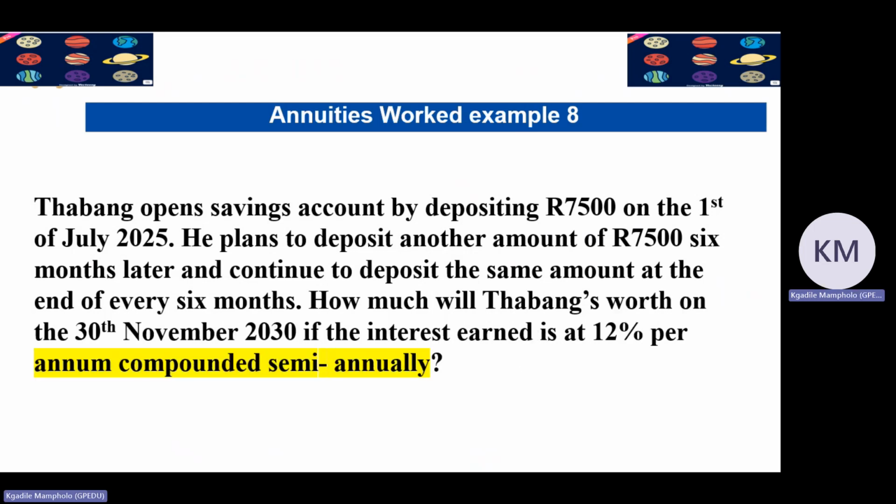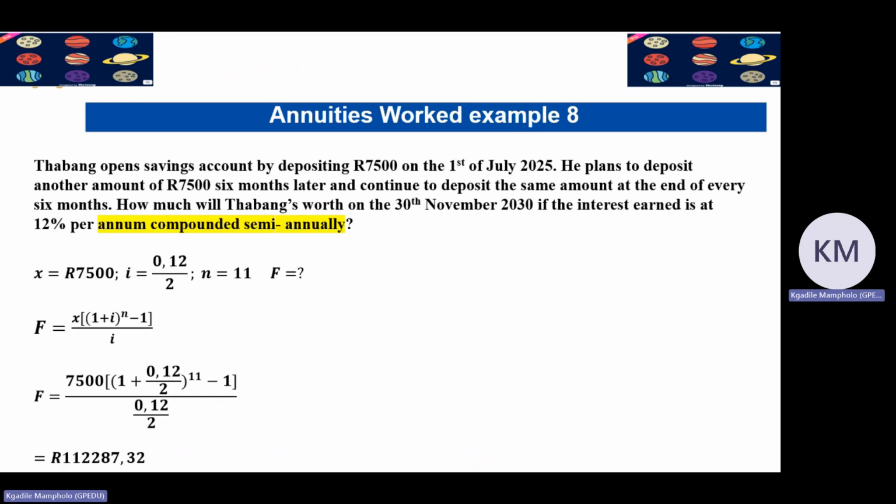As we always do, we check the compounding period. Since Thabang started on the 1st of July and then did that every 6 months, it means in 2025, you make 2 payments, then it's 2 in 2026, 2 payments is 4, 2027, 2 payments is 6, 2028, 2 payments is 8, 2029, 2 payments is 10, and then 2030 is 1 payment because it's every 6 months, but it stopped on the 30th of November.